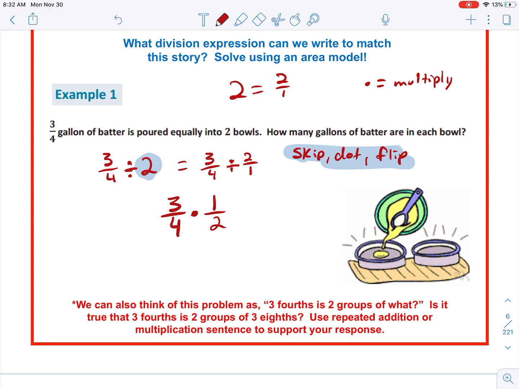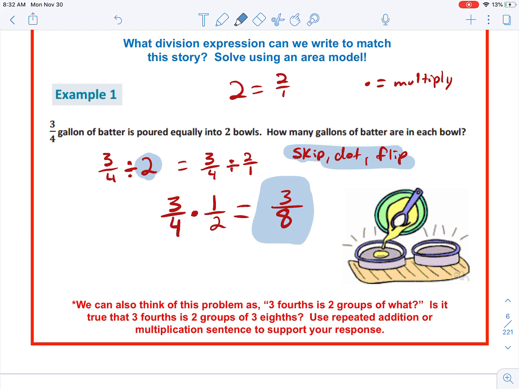Instead of 2 over 1, I'm going to put 1 over 2. And now we just multiply across. So 3 times 1 is 3, and 4 times 2 is 8. And we check to see if this is in its simplest form, and it is. So 3/4 divided by 2 is equal to 3/8, okay?